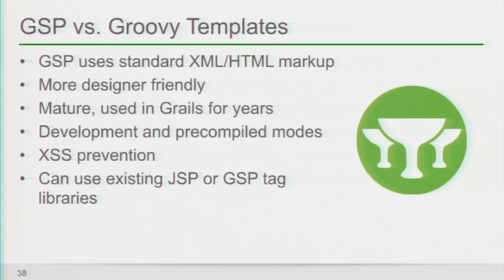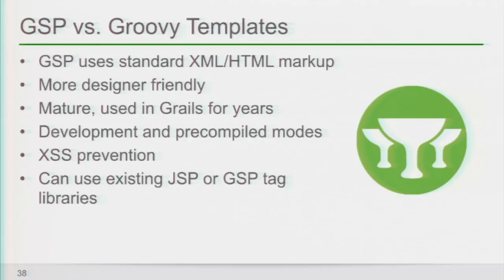And it tracks the data so that it knows what's been output and what hasn't been output, and it knows if it's already been encoded. So you get double encoding prevention. Yeah? So it's impossible in GSP to get a piece of data rendered on the page that has been encoded twice. So if you escape HTML and then escape it again, that doesn't happen. And it's a common mistake.